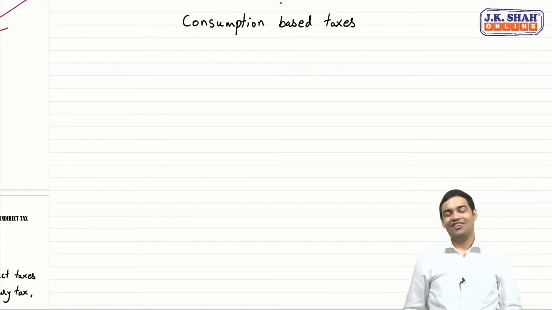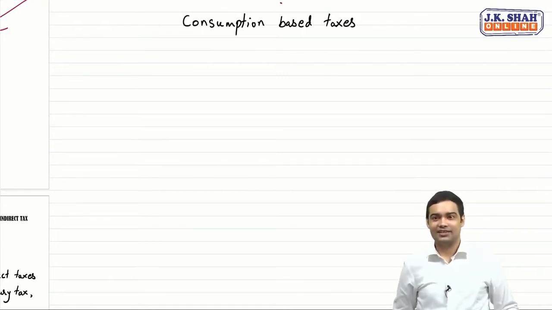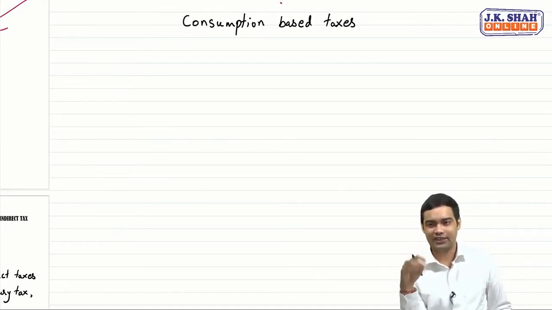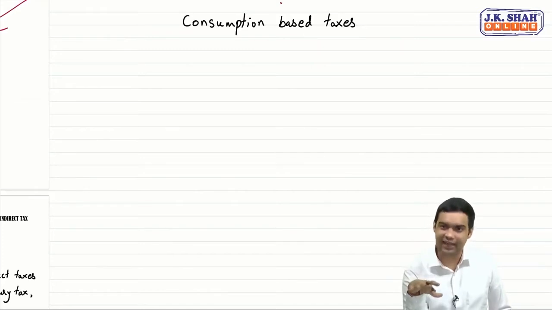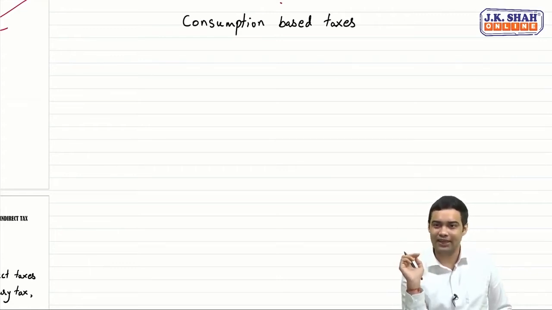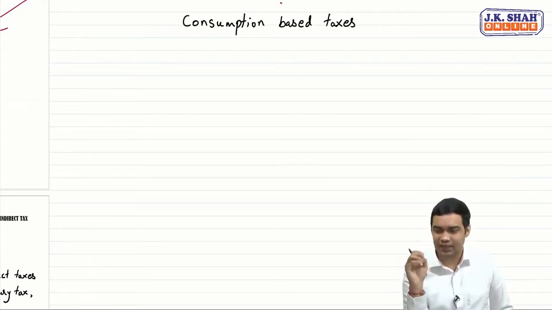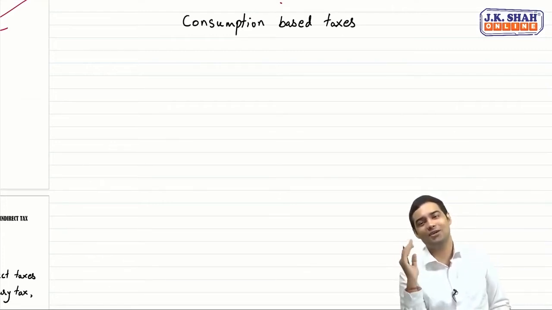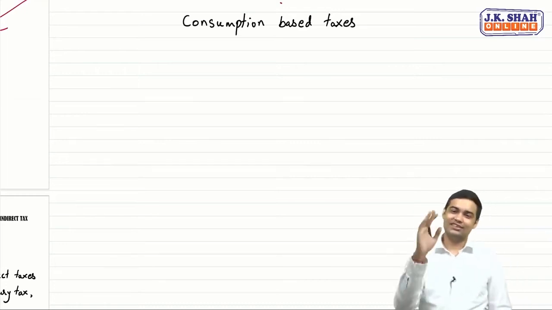Now, when we talk about indirect taxes being consumption based taxes, we need to understand that whenever a particular product or service is consumed in India, then taxes will be levied. But whenever these are consumed outside India, then taxes will not be levied. For example, say suppose I am sending a good, a particular product, from India to US. Now when I am sending the particular product from India to US, where is the consumption?